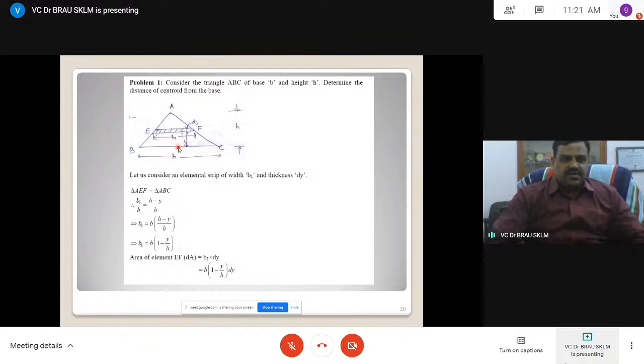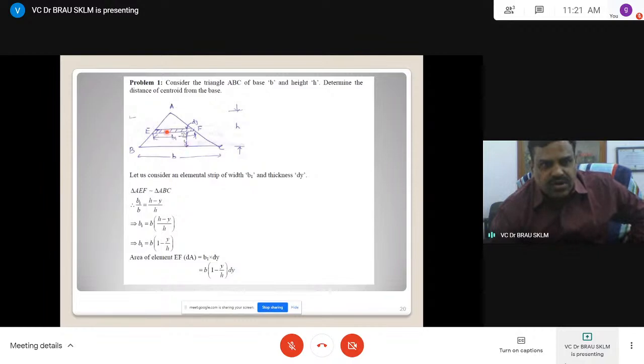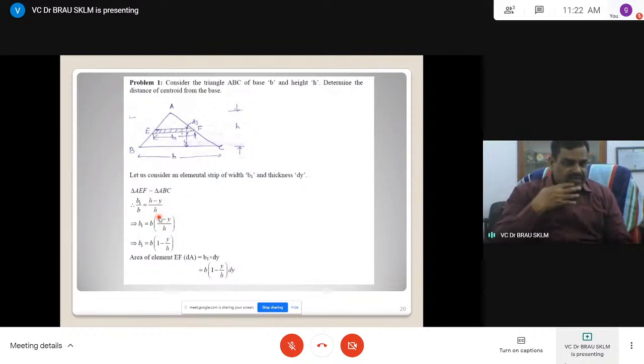By using the similar triangle concept, B1 by B is equal to H minus Y by H, with reference to this point, when height is H, length is B. That is what we can use here: B1 by B, base to base, is equal to this ratio. That can be determined, and B1 is obtained.